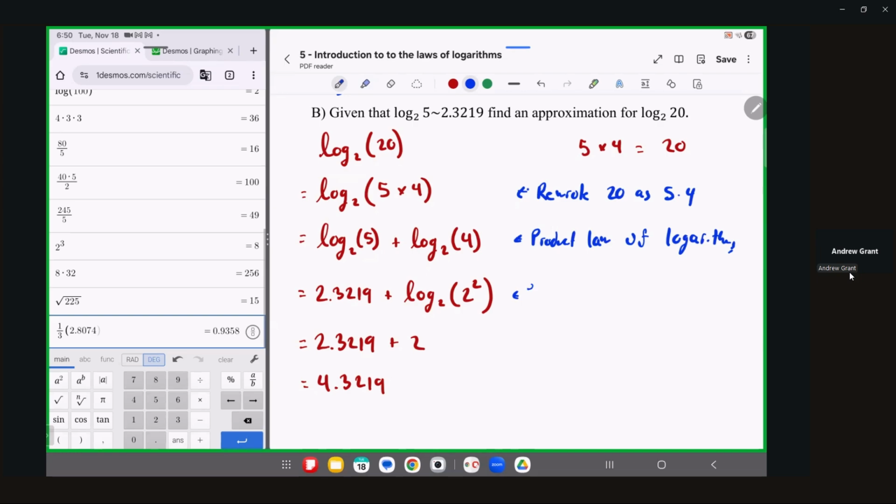Next, we evaluated log base 2 of 5 as the condition. And then we also used a common base. And then we just added the two numbers together at high speeds using the power of computation.